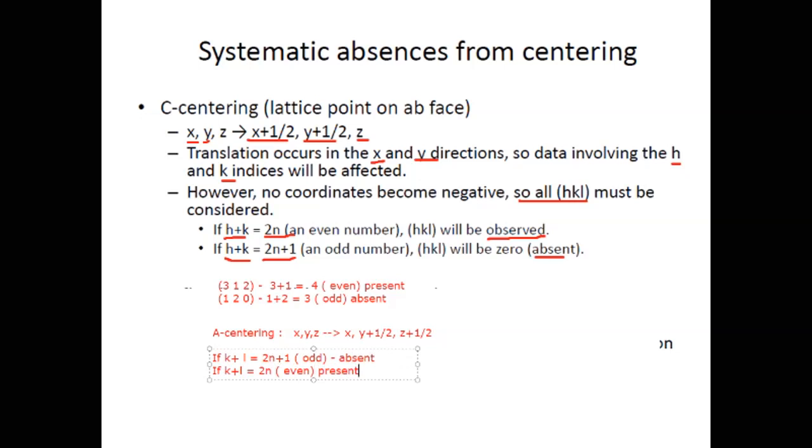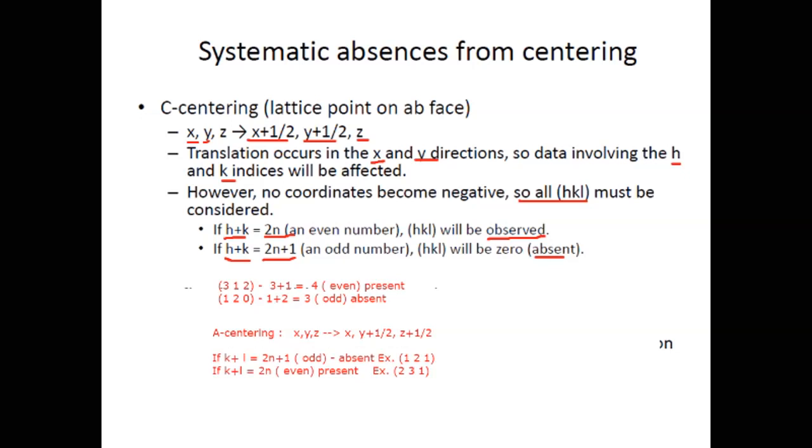So for example, the 1, 2, 1 reflection plane would be absent for A centering, whereas the, say, 2, 3, 1 would be present because it's even. And so that's A centering. So again, you only have to look at the axes where translation occurs.